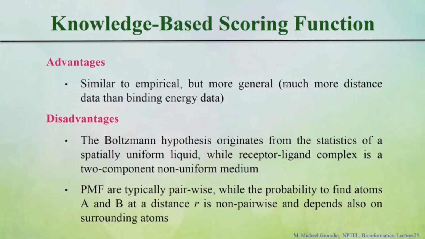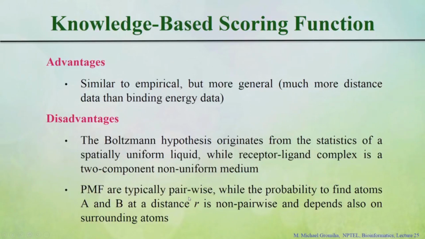So, this is kind of empirical, but it is more general because we get a larger number of data. Binding data is not required, we only need the complexes, and those data are available. So, we have plenty of complexes, we can do that. The disadvantage is that they typically use a pairwise potential of mean force, but the probability of A and B to be in contact mainly depends upon the surrounding atoms.